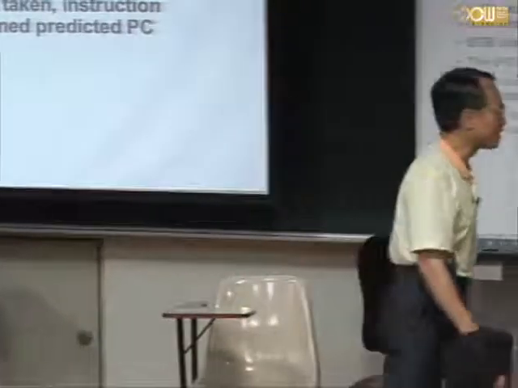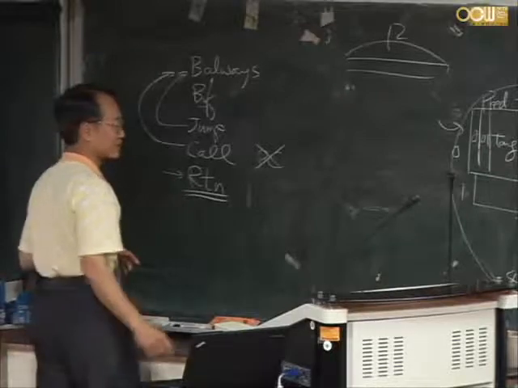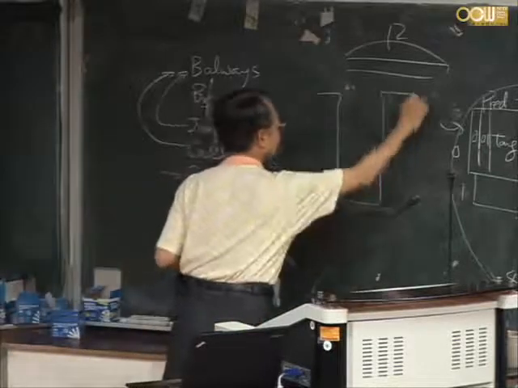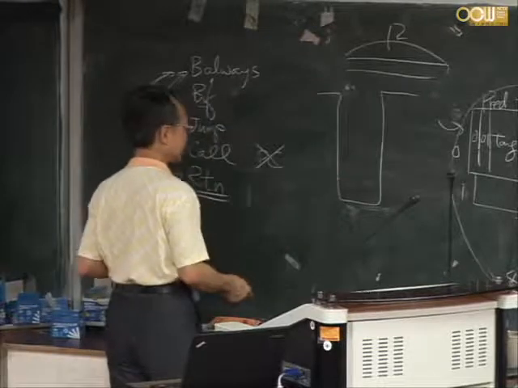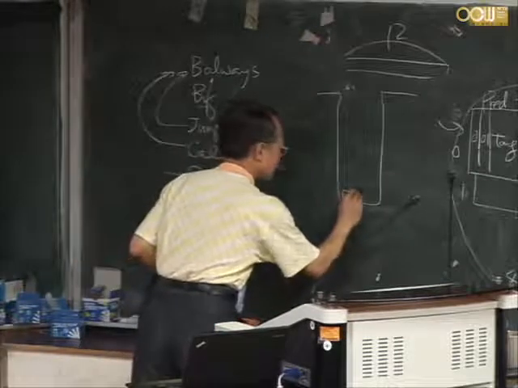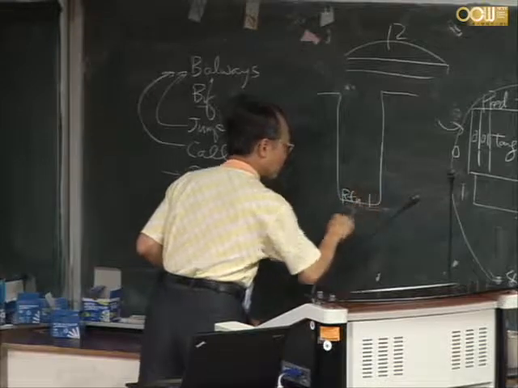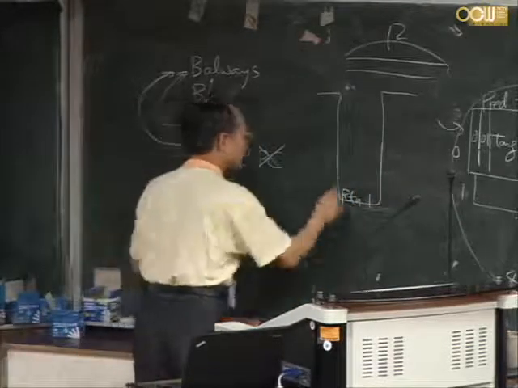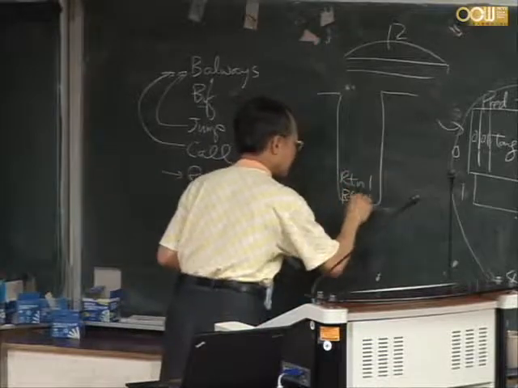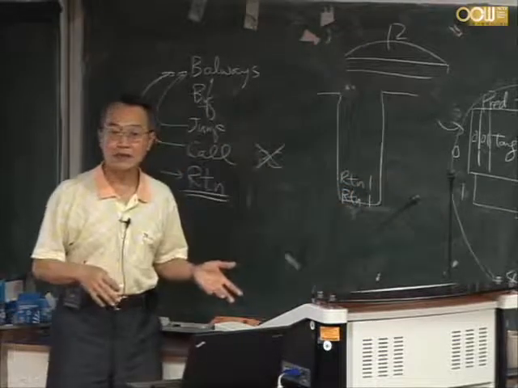So whenever you encounter a call, you save the caller plus one address in a stack. So this is return one. It's been called once. And then somebody calls it again. Save it again.